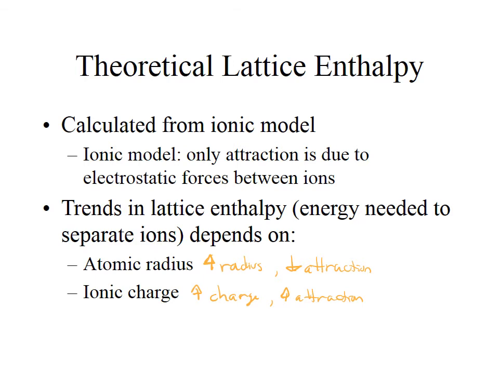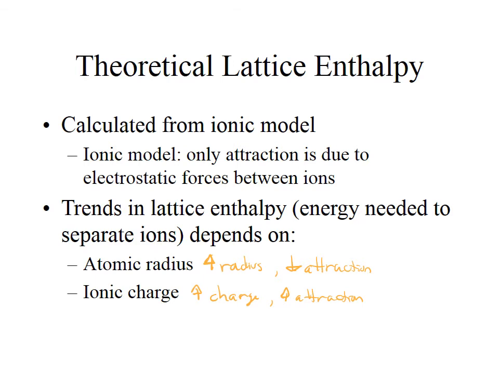So you have a much higher effective nuclear charge on aluminum, which means you're going to have a much stronger attraction to the nonmetal it is attracted to. Both play into two atoms' attractions to each other.